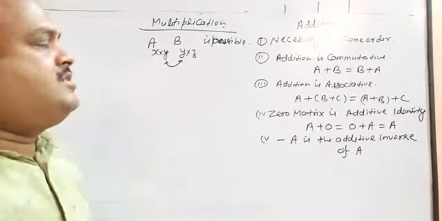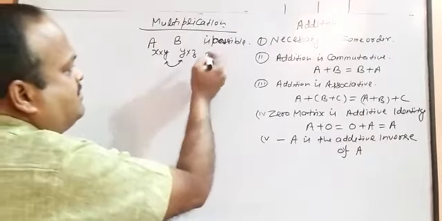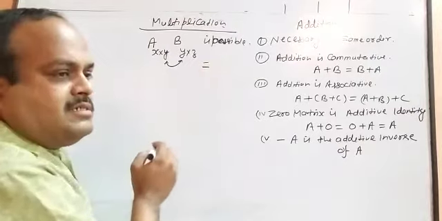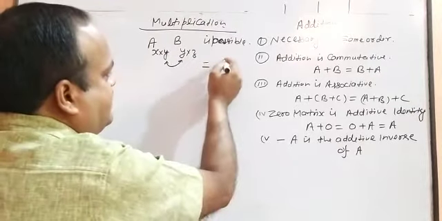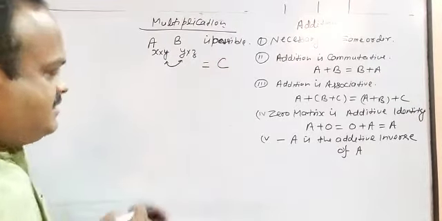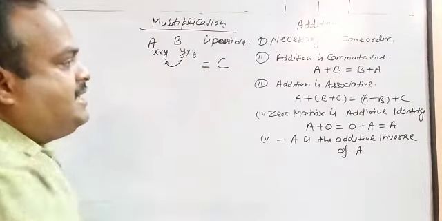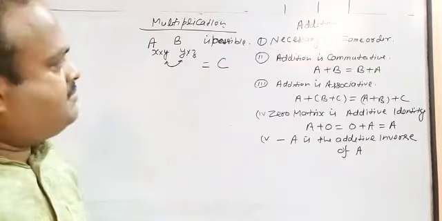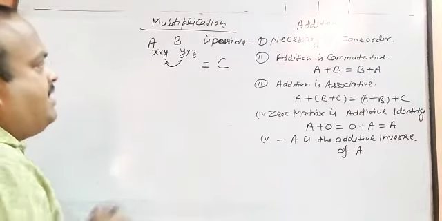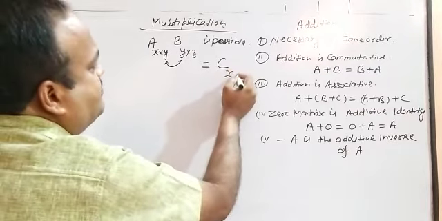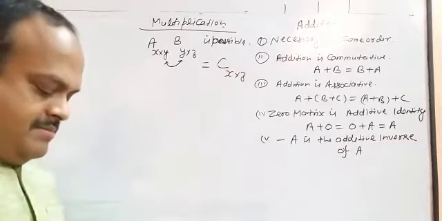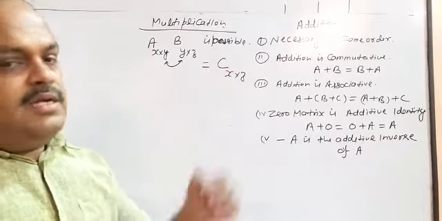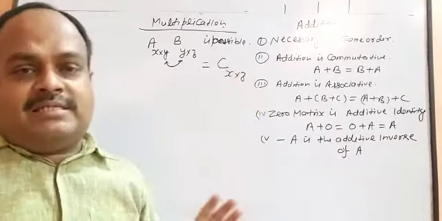One more thing you need to notice. The result we get, suppose a matrix C, the order of this matrix C will be x by z. Here x and z are not the elements.